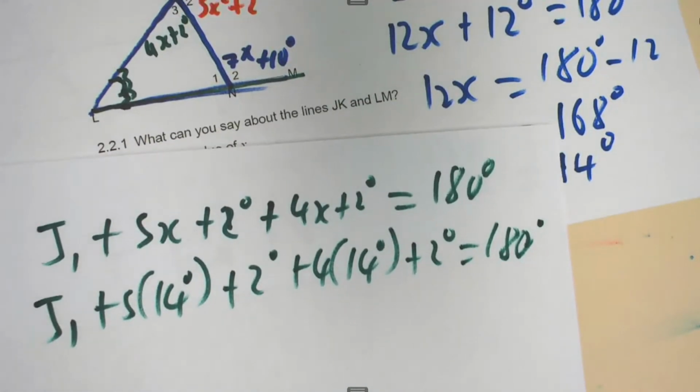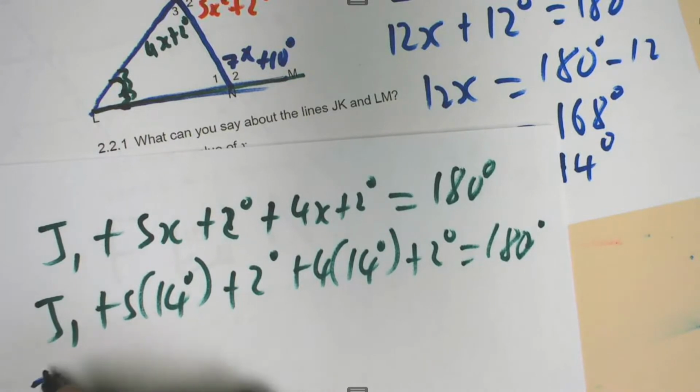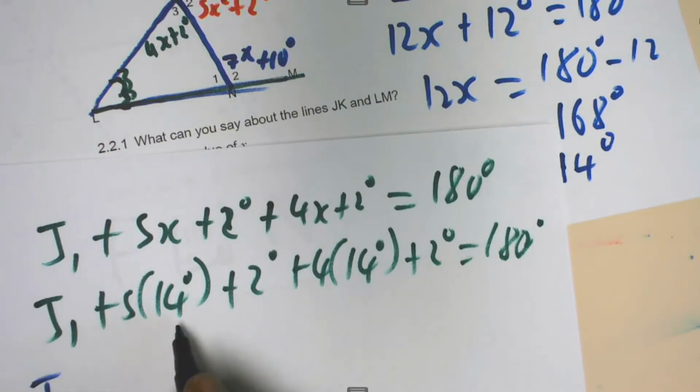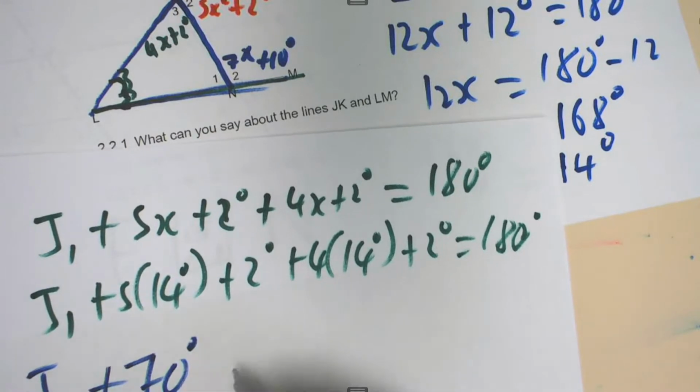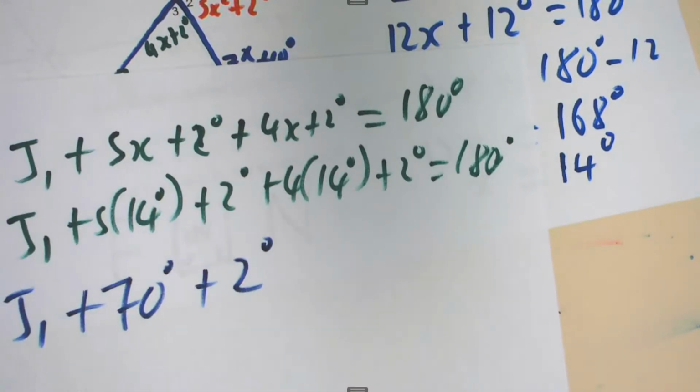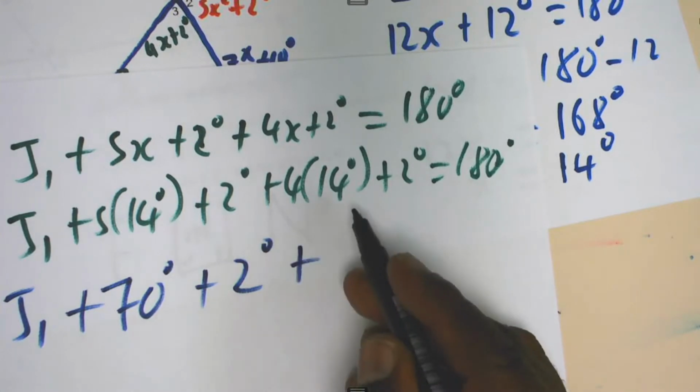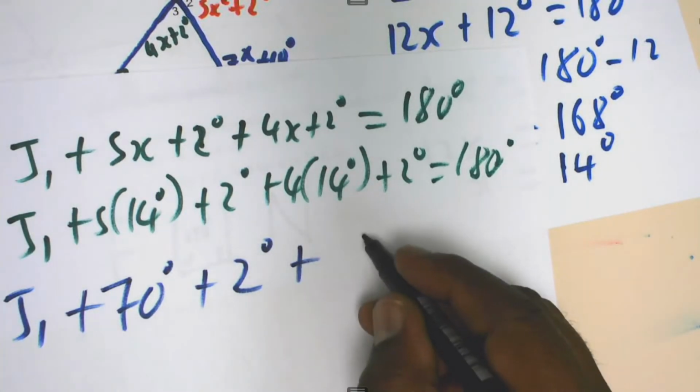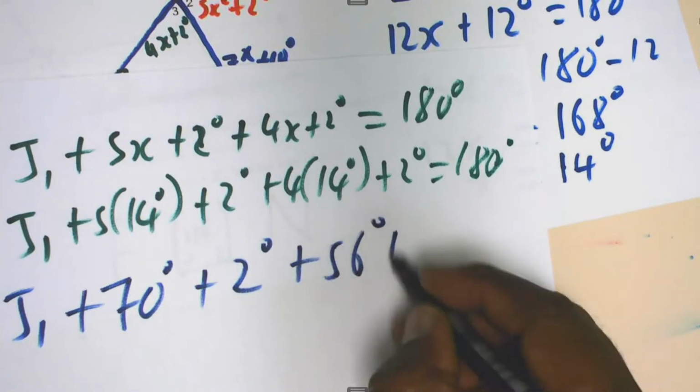You are still right. That's what is important. We are not worried about the final answer. We are worried about writing this mathematical essay, writing, explaining, doing this recipe. Right, J1. 5 times 14 is 70, plus 2, 4 times 14 is 56, plus 2 degrees.